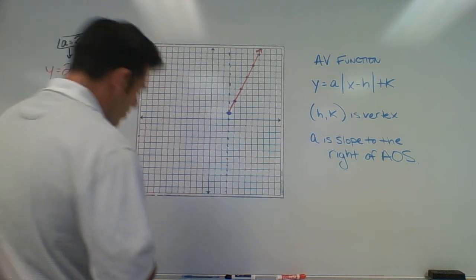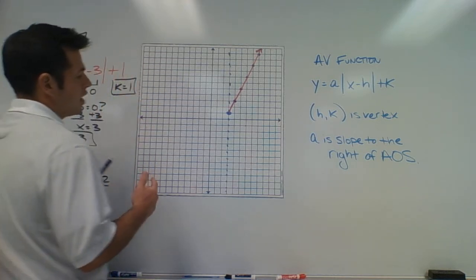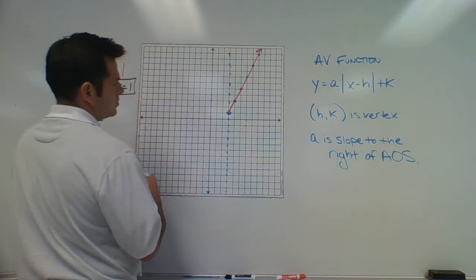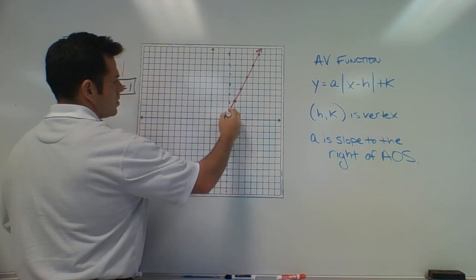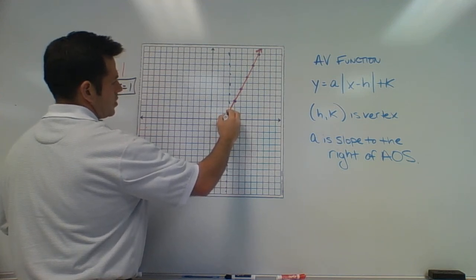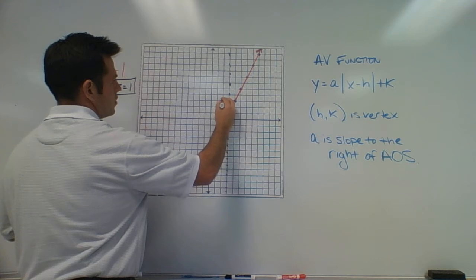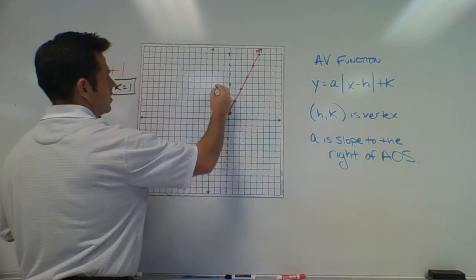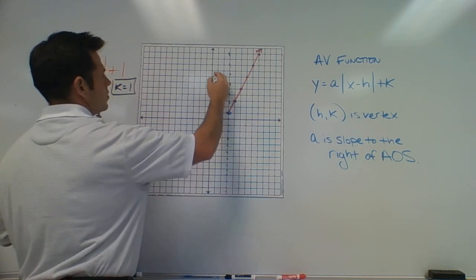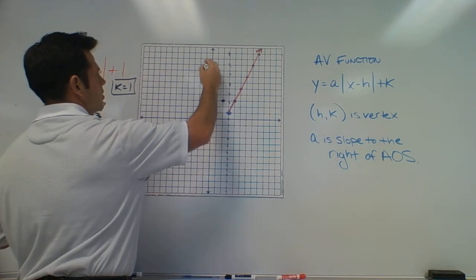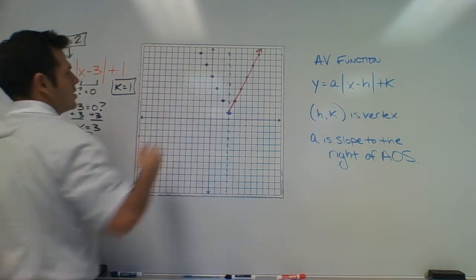But either way, that's up to you. I'm going to go ahead and count out. So the slope being negative 2 on this side would allow us to go from the vertex up 2, and to the left 1, up 2, and to the left 1, up 2, left 1, and so on and so forth.